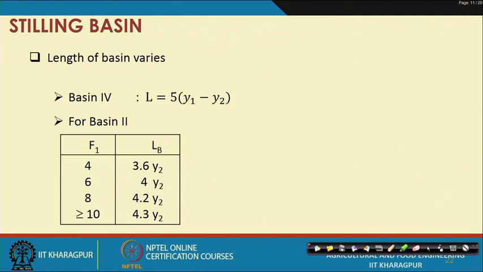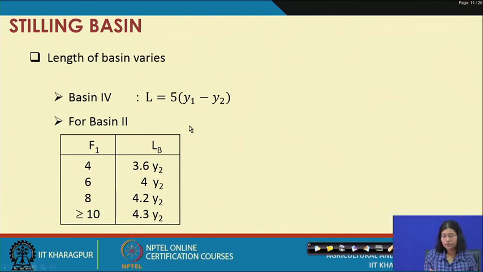Now, this is the equation by which we design the length of the basin: the difference between y1, the pre-jump depth, and y2, the post-jump depth, multiplied by 5 gives the length of the basin. For basin 2, depending upon the Froude number, we fix the length of the basin as follows.